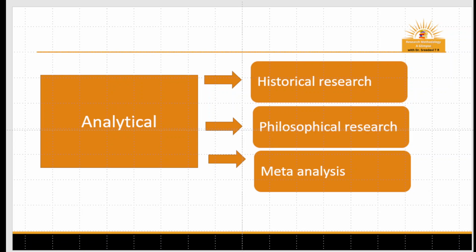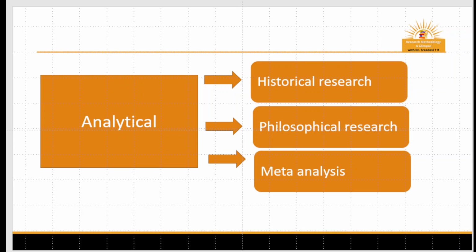Then comes analytical research. Under analytical research, historical research, philosophical research, and meta-analysis are there. Analytical research involves in-depth study and evaluation of available information in an attempt to explain complex phenomena. The researcher uses facts or information already available and analyzes these to make critical evaluation.